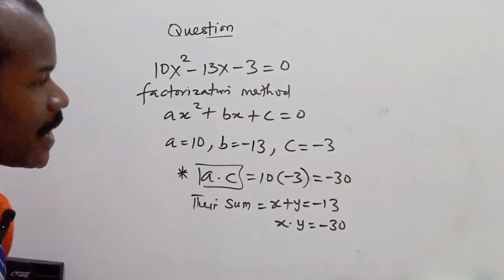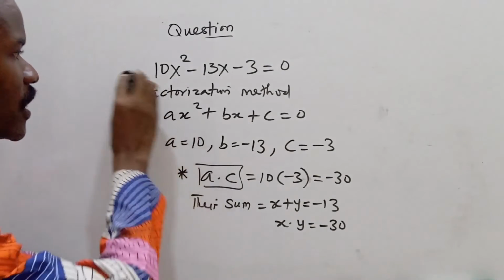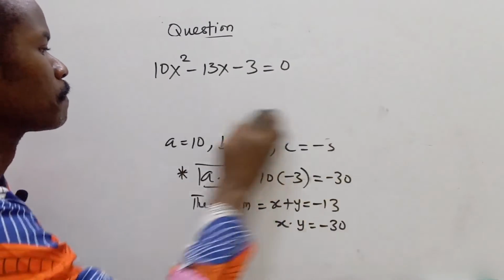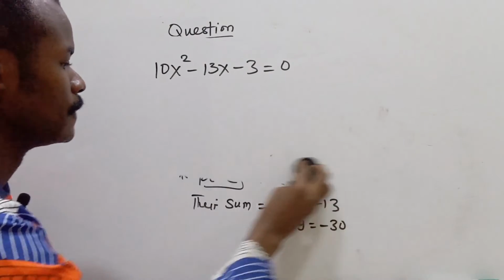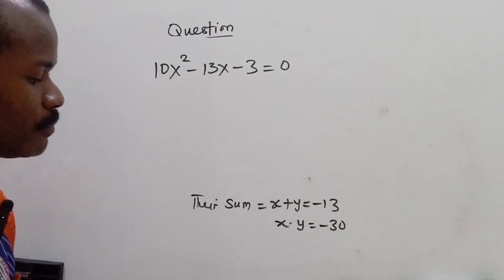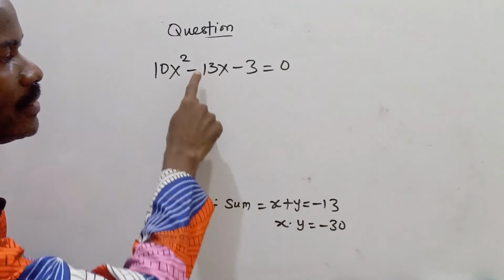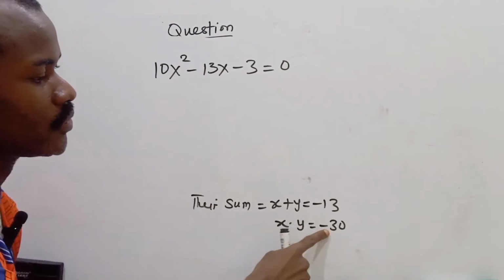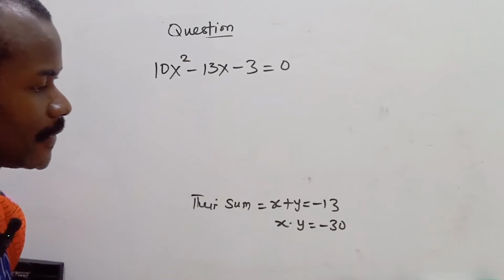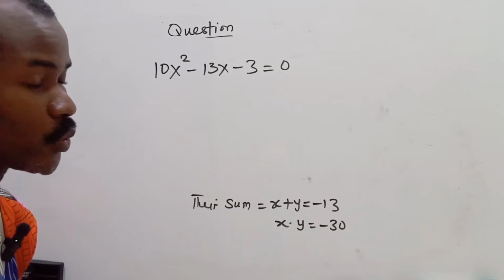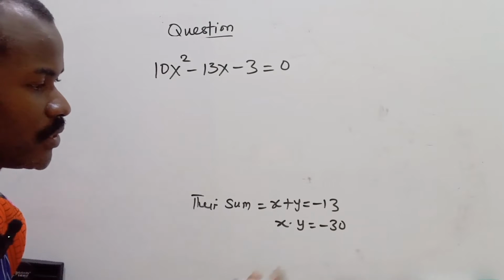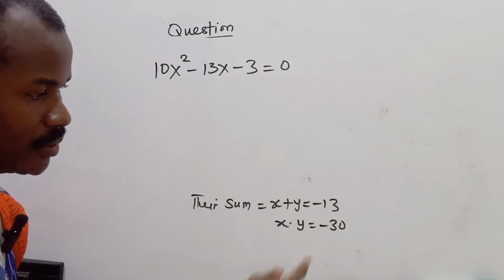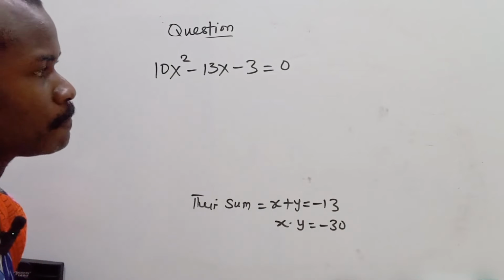So what are those two numbers whose sum is going to give us minus 13, and whose product is going to give us minus 30? We are going to carefully investigate this 30.